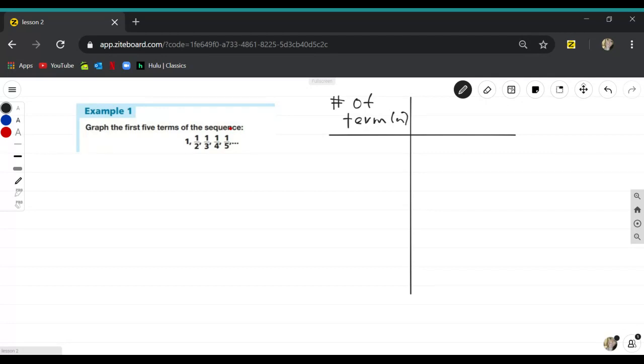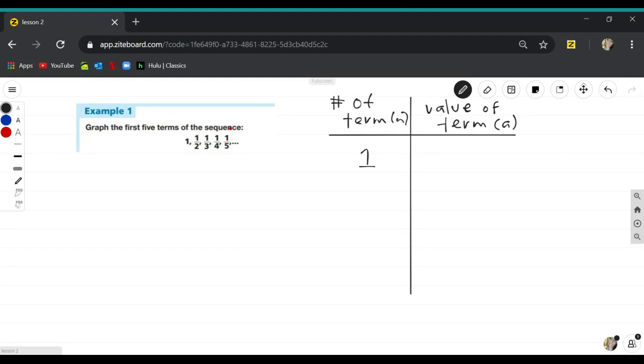So it's the first term, second term, third term, and then this is going to be our value of term, and this is represented by A. You guys can just put x and y.